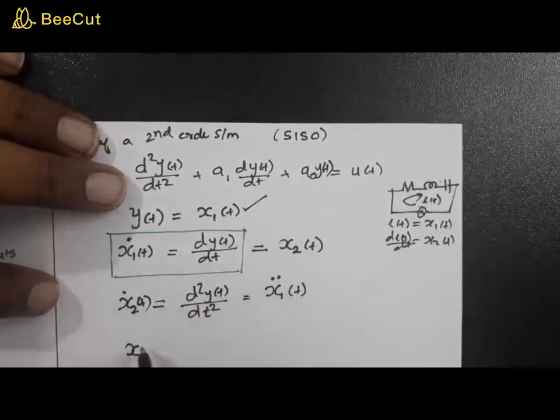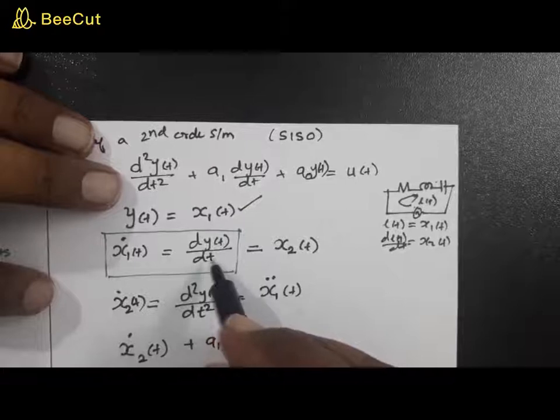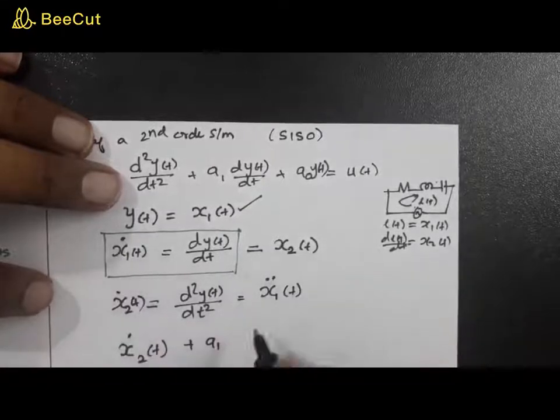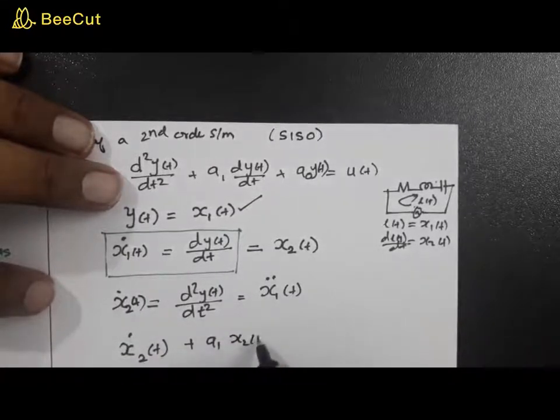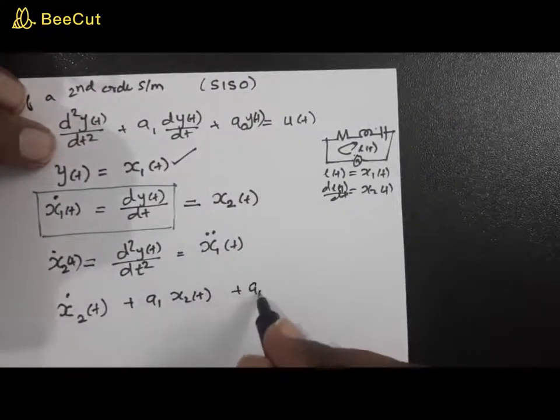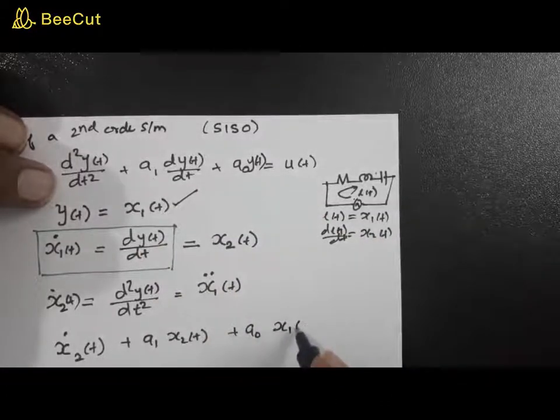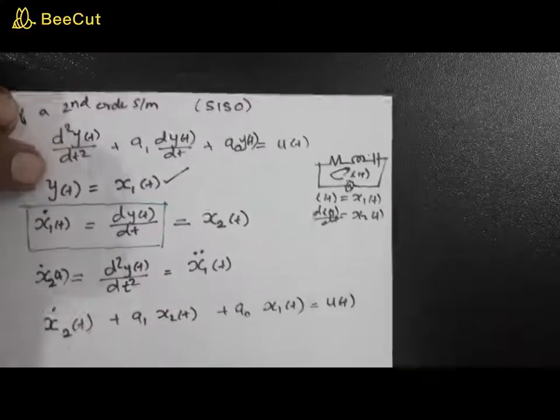d square y of t by dt square can be represented as x2 of t dot, plus a1 into dy of t by dt, and that is equal to x2 of t, right? Then plus a0 into y of t. What is that y of t? y of t is again x1 of t, which is equal to u of t.